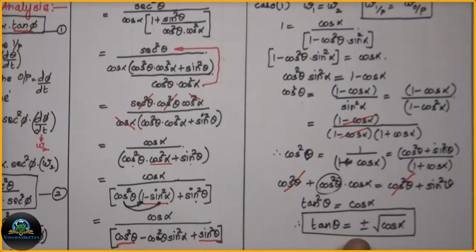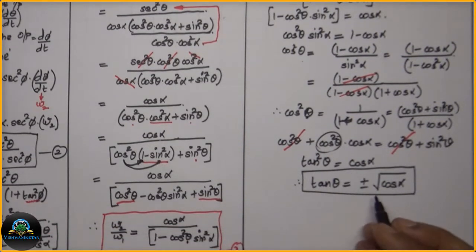Now I will say that we substitute the shaft angle which is given to us in a problem. We will get a plus and a minus, which means we get two values. And if we find tan inverse of this, we will get actually 4 values of theta which satisfy this equation.